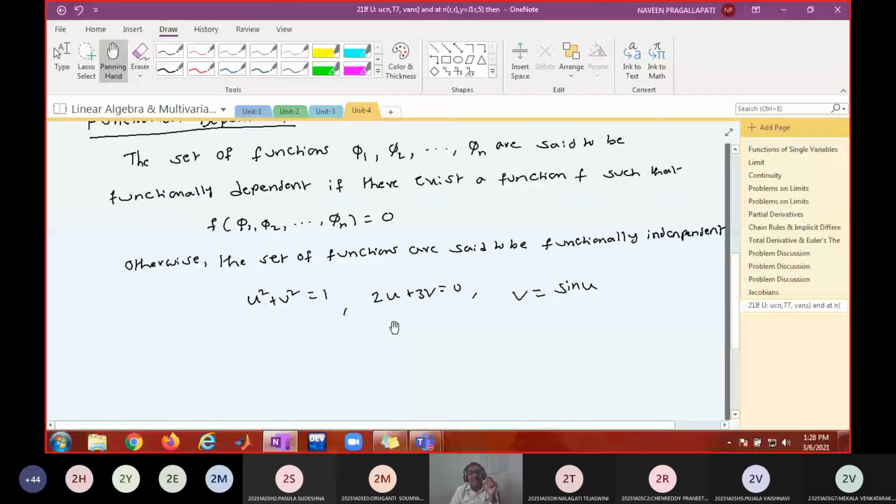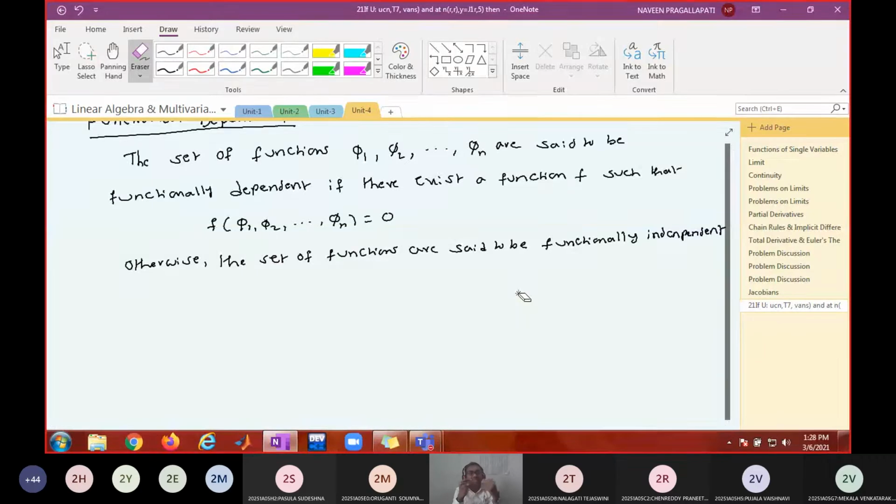Moreover, linear dependency we generally talk for functions of single variables. We don't talk about functions of several variables. For functions of several variables, we generally talk about functional dependency. So suppose you want to know whether two functions of single variables are linearly dependent or not.